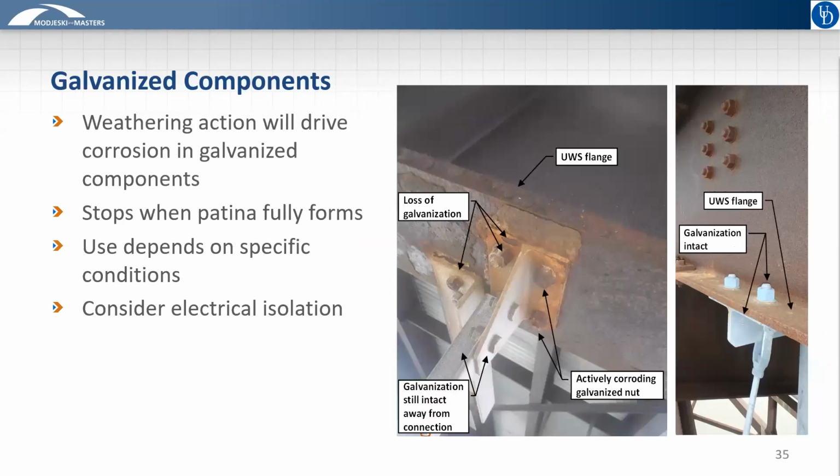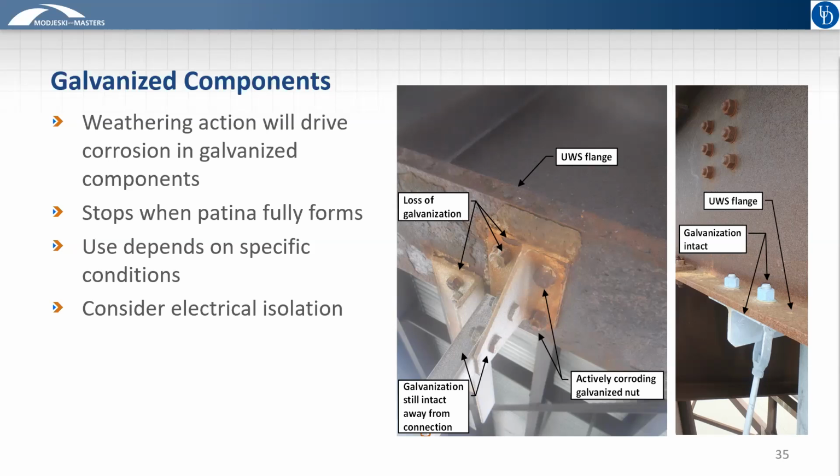And that happens to be with galvanized components attached to uncoated weathering steel bridges. The weathering action of the weathering steel does drive some corrosion in the attached component. So during the formation of the patina, that will tend to accelerate the deterioration of the zinc coating on the galvanized component, but that tends to stop when the patina fully forms.